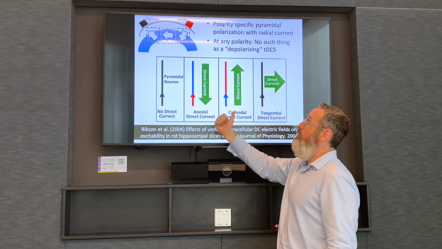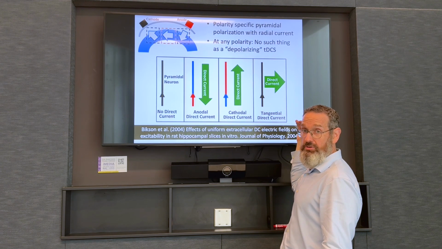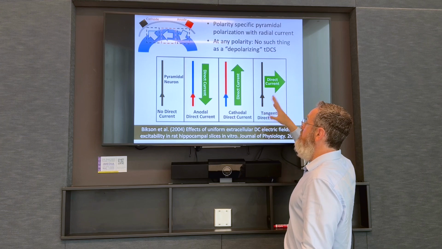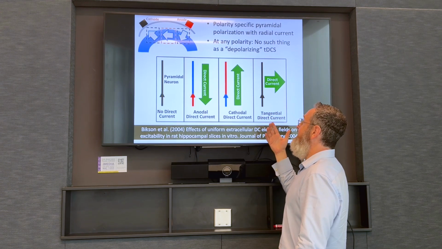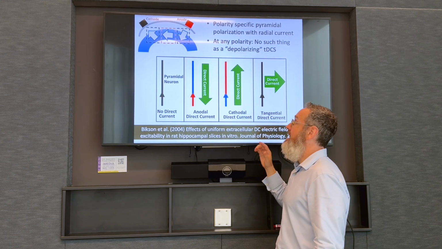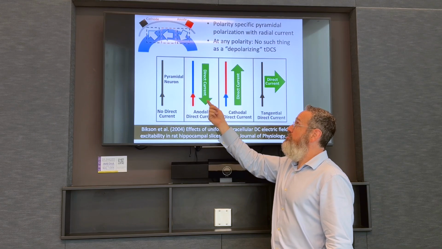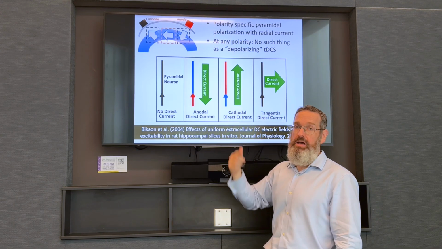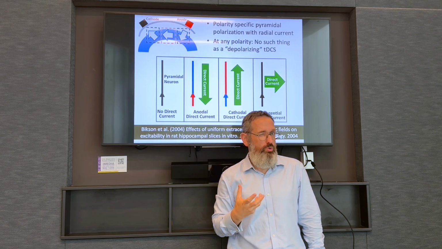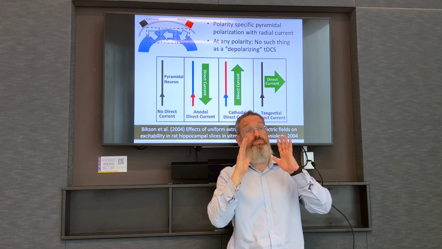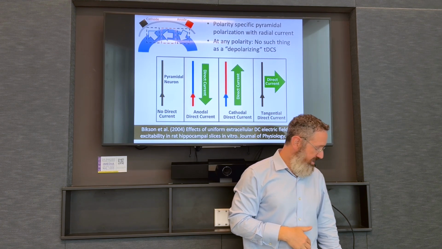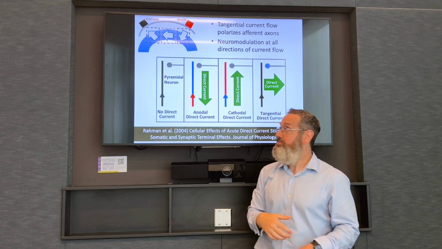And when the current is flowing sideways or in the tangential direction, we do not produce a relatively significant amount of polarization in this axis. And this is something that has been modeled for a long time and was also demonstrated experimentally. So right away we see that the direction of current flow has a big impact on how you polarize these specifically oriented cells, and therefore how you influence them.